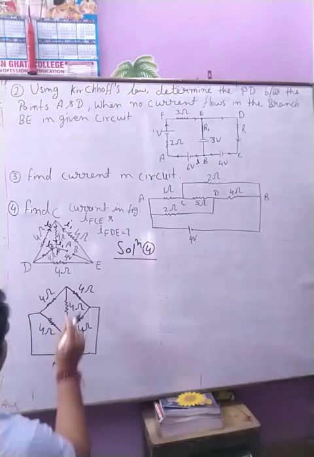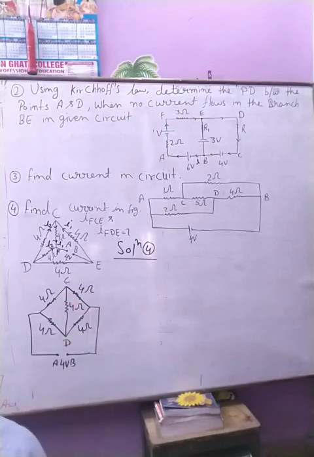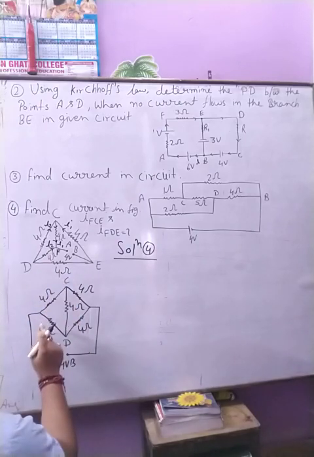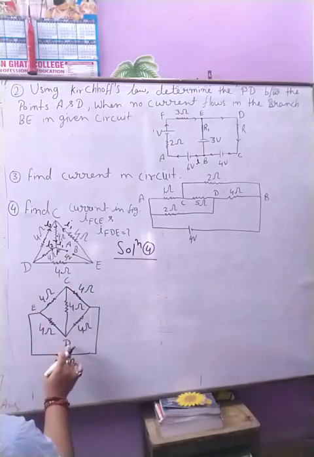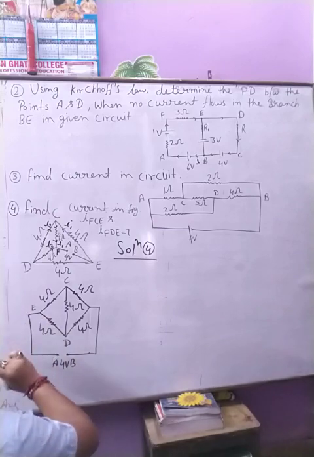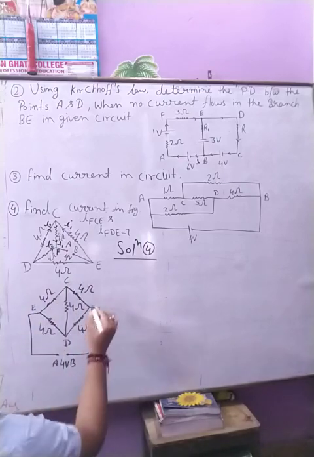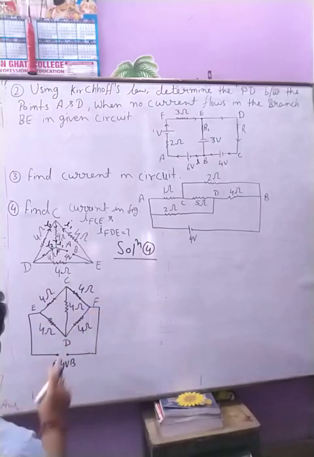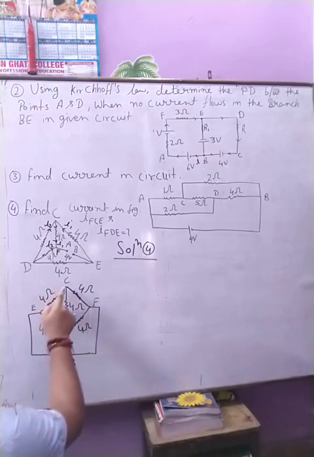Now this is C to D, and now we have DE, DE and CE, and here we have F. Now it will be complete, and now we have to calculate the current in this branch and this branch.